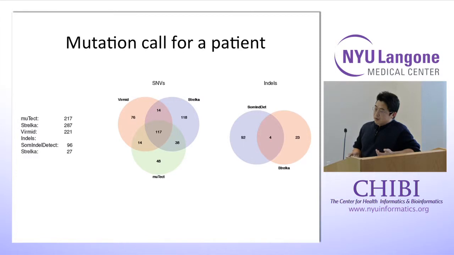The assumptions of different algorithms and the filtering that different algorithms use, how they deal with the depth and the coverage, will all affect the final call results. And from here we can see for indels, there is much less overlap for indel calls. That is probably due to insufficient coverage.